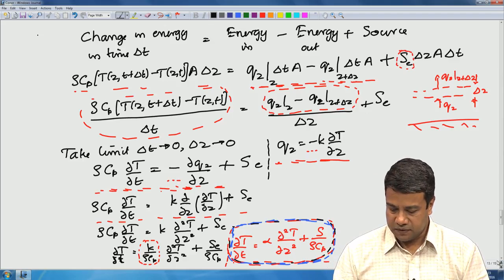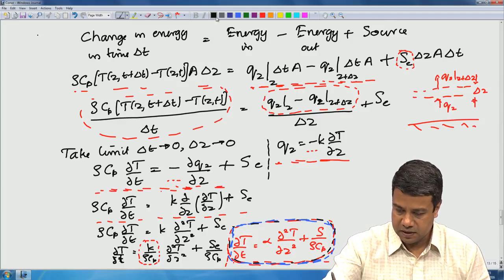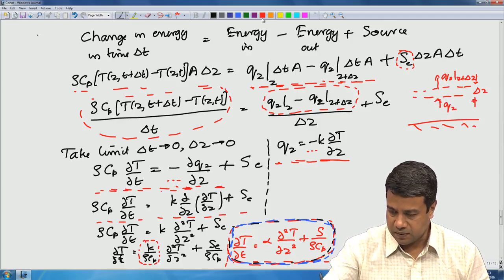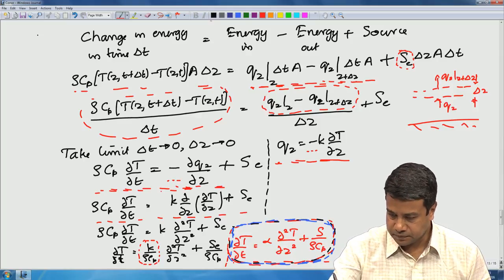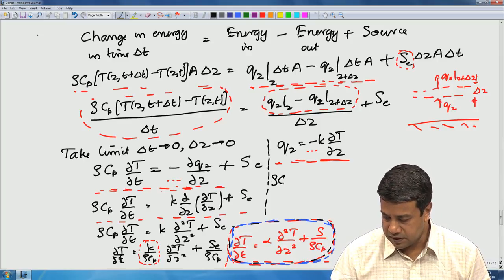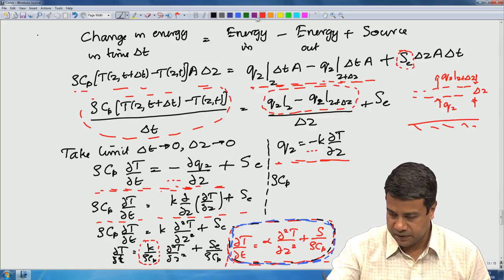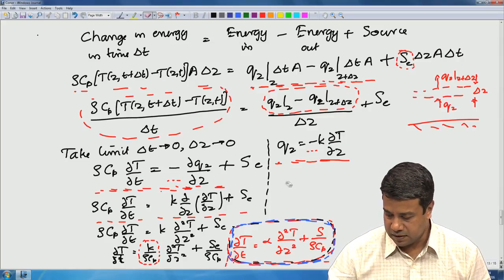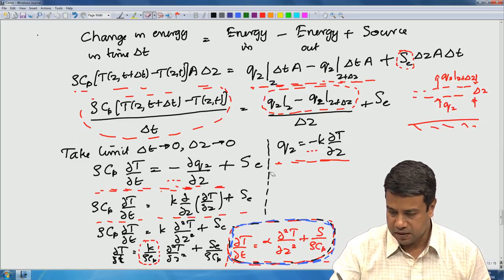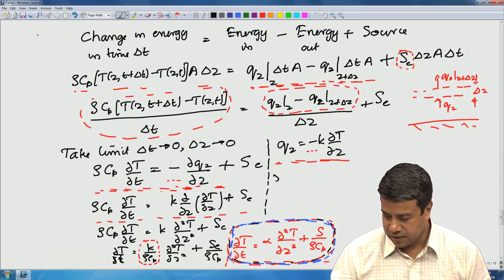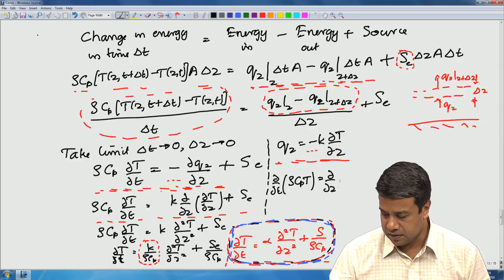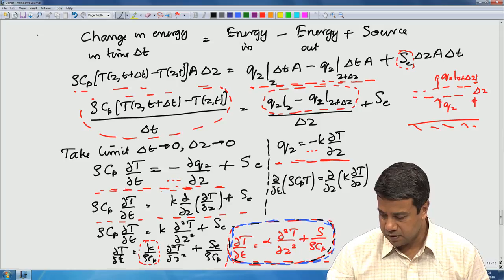Similarly, if the thermal diffusion coefficient was dependent upon position, then, if the density and the specific heat do depend upon position, the equation will be of the form d by dt of rho Cp T is equal to d by dz of k dT by dz plus the source.